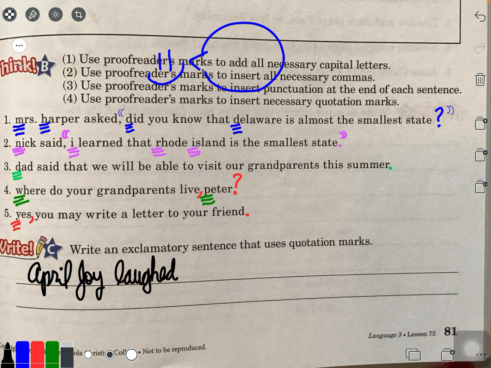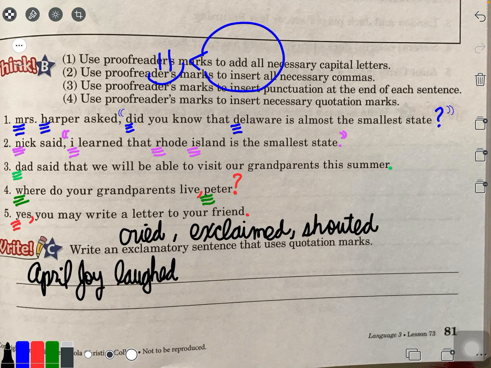Remember, you can use any dialogue tag you want. You can say laughed, you can say cried, or you can say exclaimed, or you can say shouted because when you shout, you are expressing strong feeling. You can say yelled. Okay. So April Joy laughed.